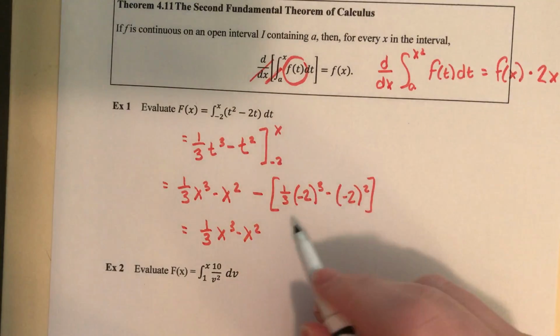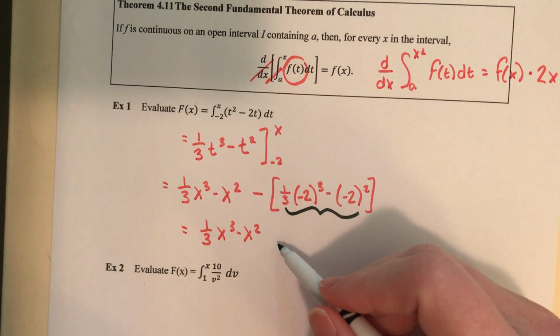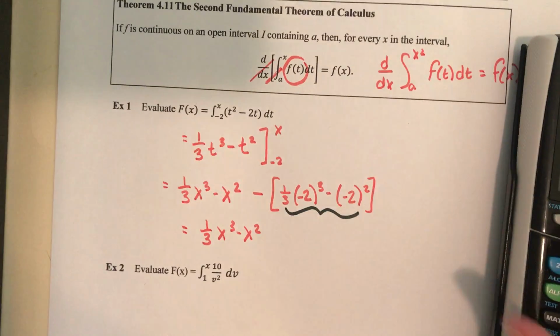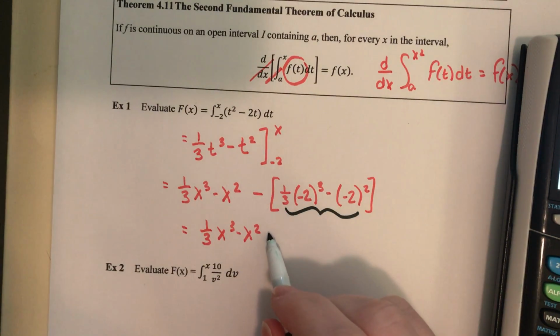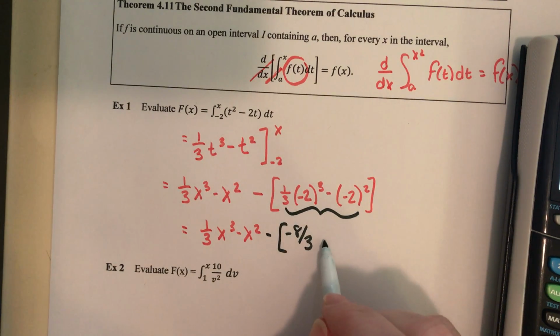And then this part right here, I'm going to evaluate, and that's going to become my constant at the end. So -2 cubed is -8 divided by 3. So I'm going to put a -8/3 minus -2 squared is 4.